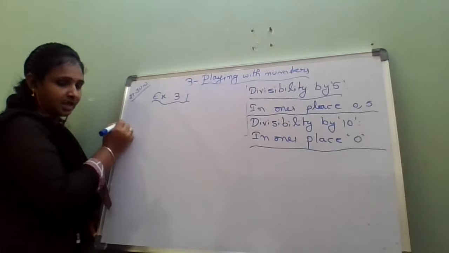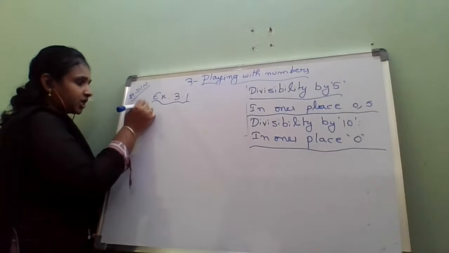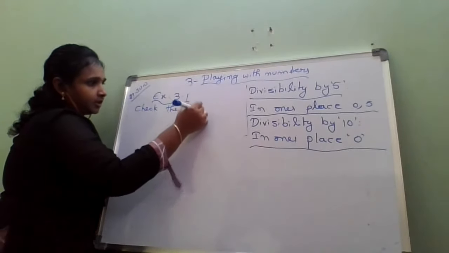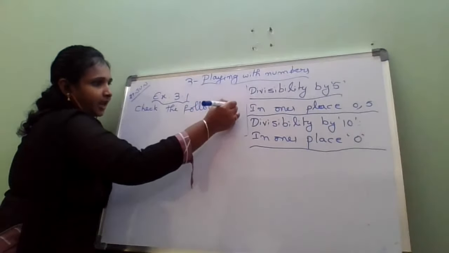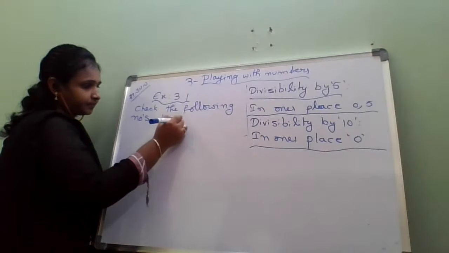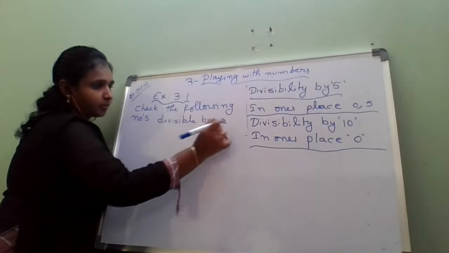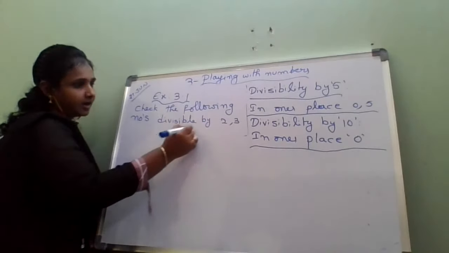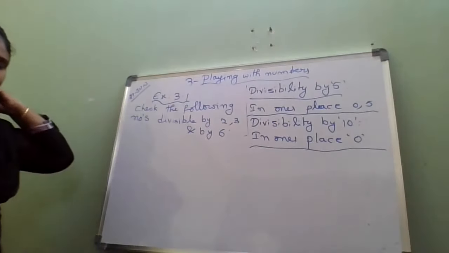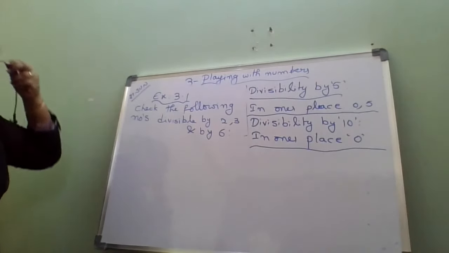Check whether the following numbers are divisible by 2, 3 and by 6. So I will give some examples, and let's check whether those numbers are divisible by 6 or not.